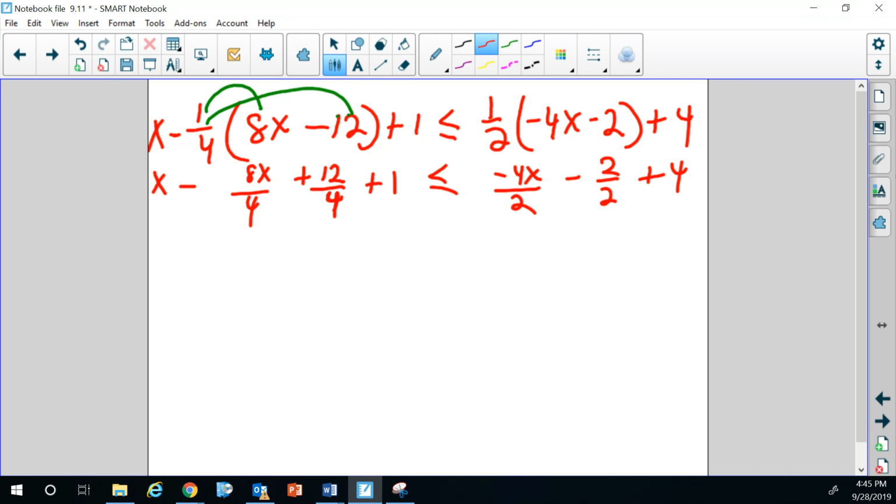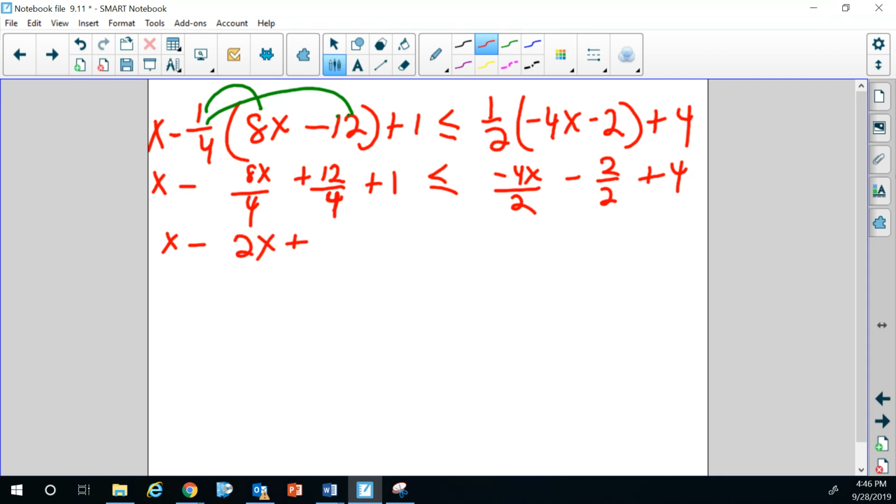All right. So the next step is to group and combine like terms. Actually, before I do that, let's simplify. That gives me an x. 8x divided by 4 is 2x.